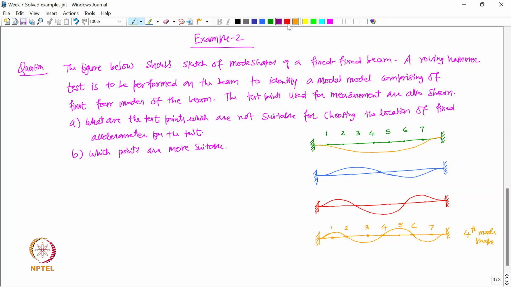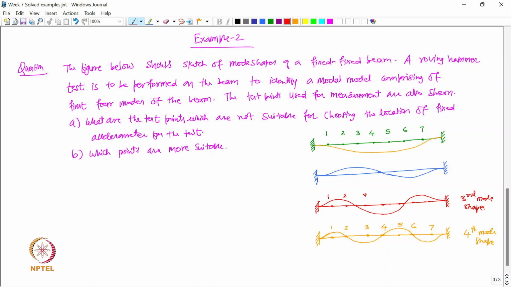Similarly, this one is third mode shape, okay, and the points are 1, 2, 3, 4, 5, 6, 7.